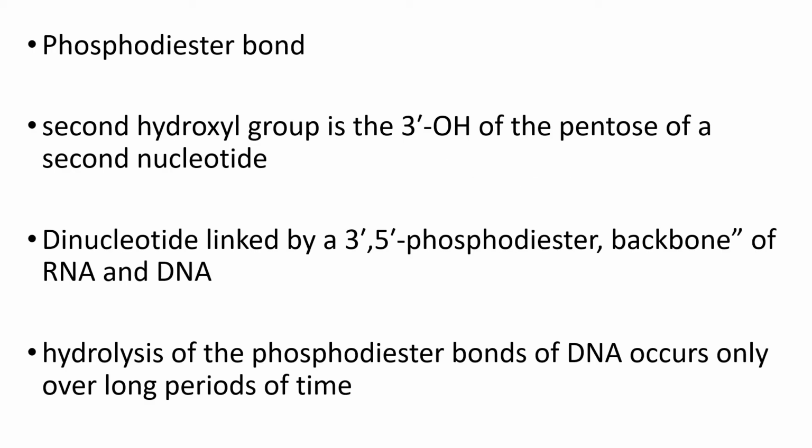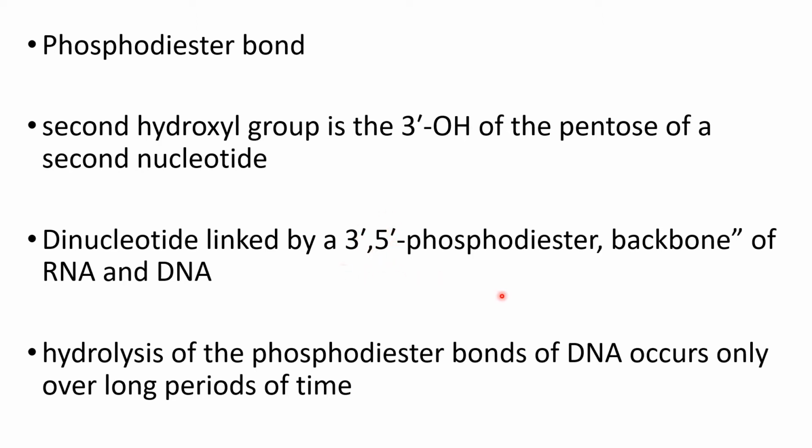These polynucleotides have the phosphodiester bond. The nucleotides link through the phosphodiester bond, as their phosphate groups are attached at the 3' hydroxyl of the pentose sugars, and also the second phosphate group is attached at the 5' side.